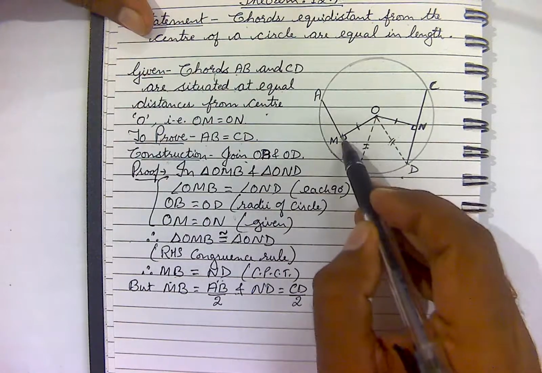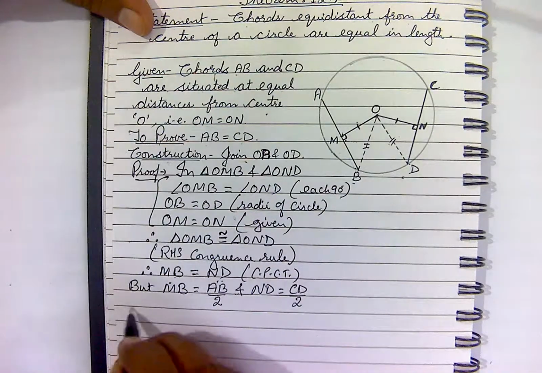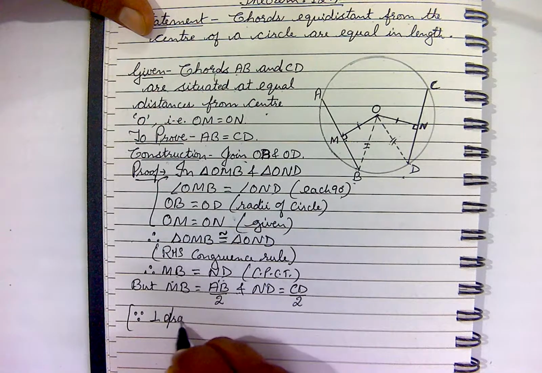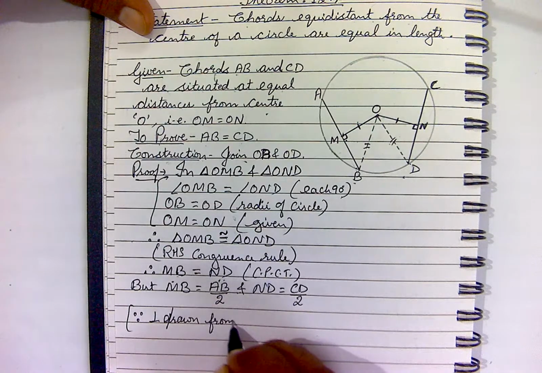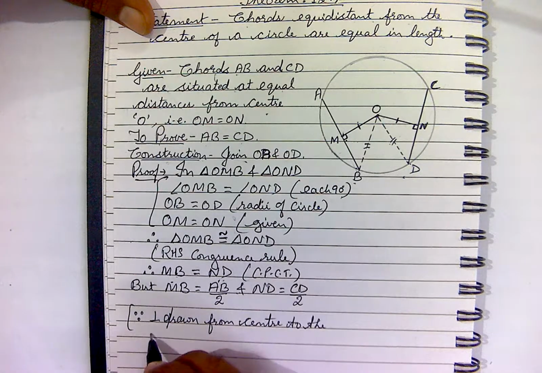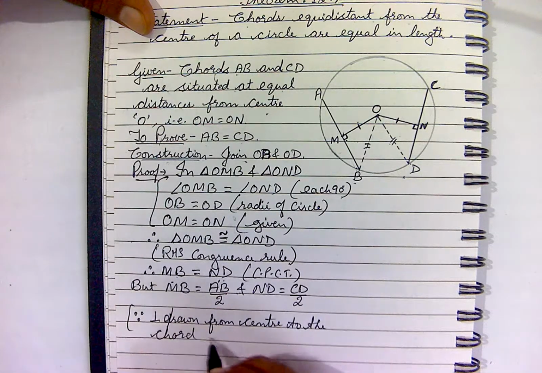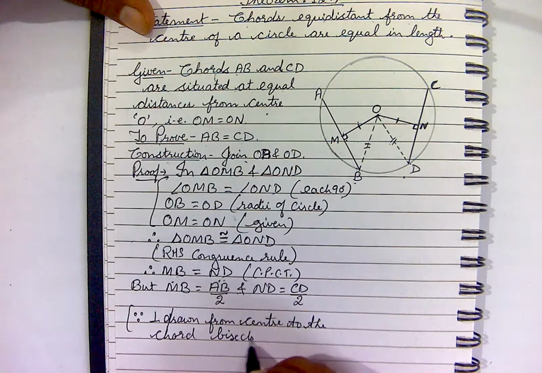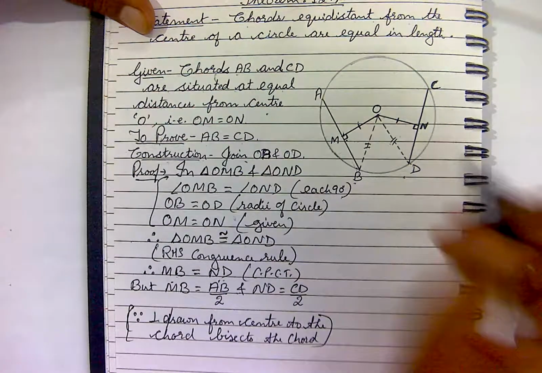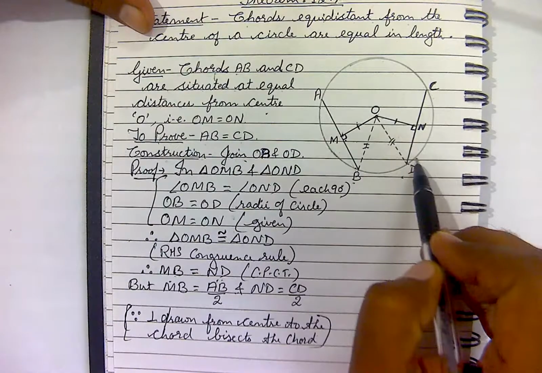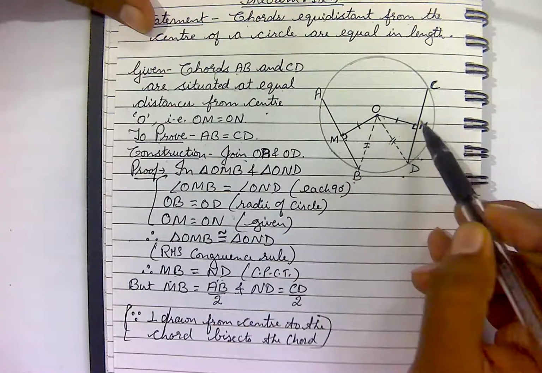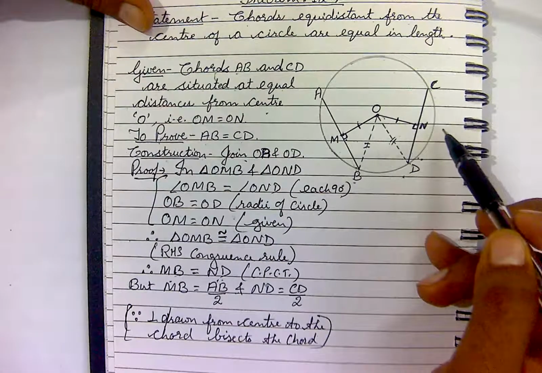So this OM will bisect the chord AB, because perpendicular drawn from center to the chord bisects the chord. And same way ON is perpendicular to CD, so ON also bisects CD. Hence we have that M and N are the midpoints of AB and CD.